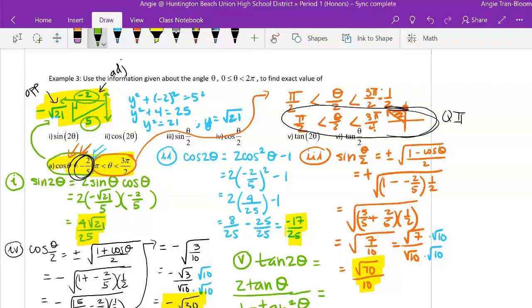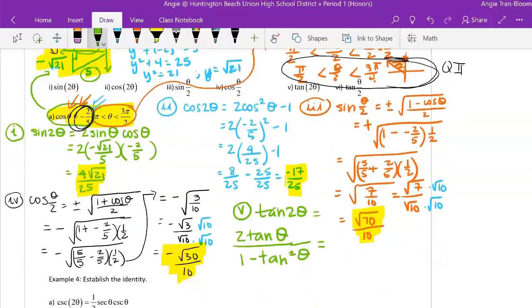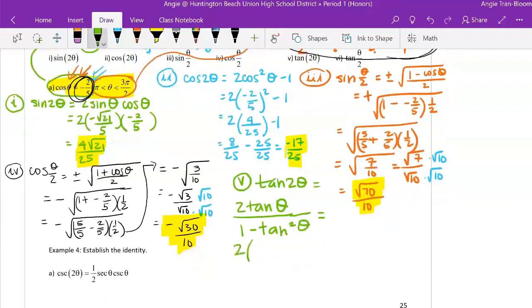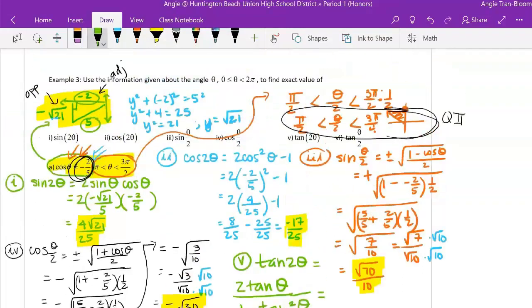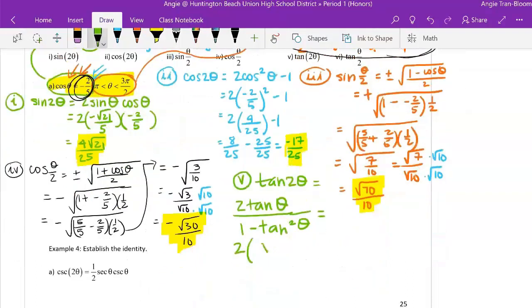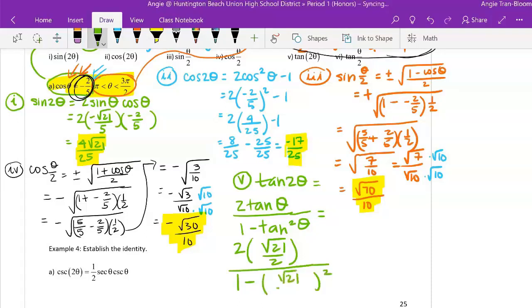So let's start writing. I'm going to bring down the 2. Okay. And we just mentioned that tangent is negative root 21 over negative 2, which is a positive root 21 over 2. Okay, that's my numerator. Divided by 1 minus tangent square. I already have the tangent, so I'm just going to put the square. Square root of 21 over 2.